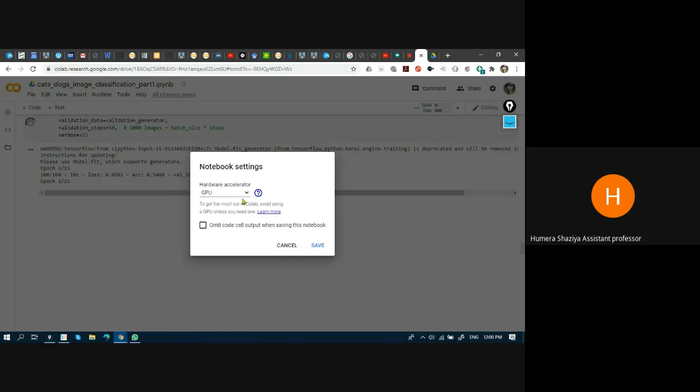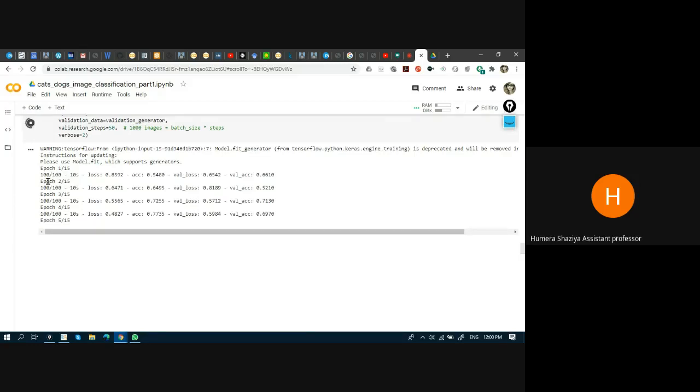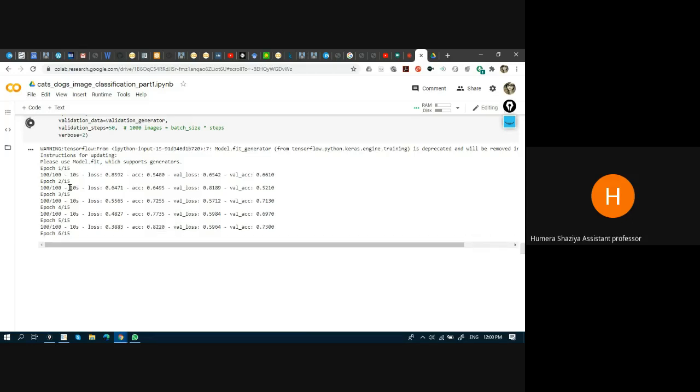Oh, right now it is GPU only. Even then it is slow. You can go for TPU, tensor processing unit. None means normal processor, GPU means graphic processor, TPU means tensor processor. The tensor processor is the fastest. Graphic processor is also very fast.